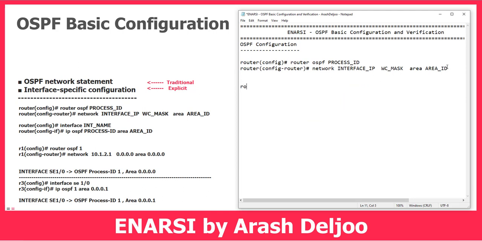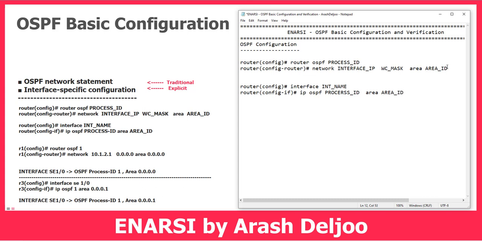Also, as I mentioned before, if you want, you can go to the router config, then interface name. Here in the interface config, we can configure IP OSPF process ID, and then area ID.